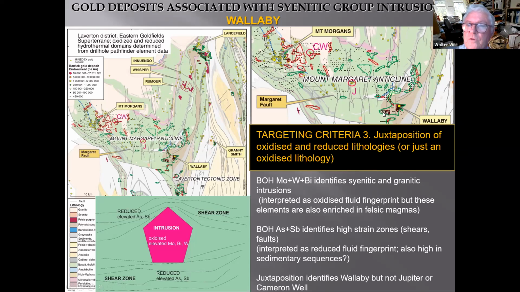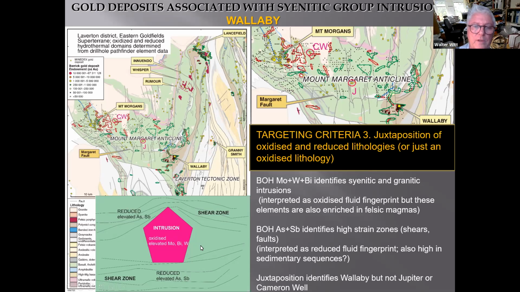Models proposed for mixing of hydrothermal and reduced fluids as a mechanism for developing gold mineralization really don't stack up in my mind. I think that association is better explained by this diagram in the lower left, which illustrates strain partitioning around an intrusion.